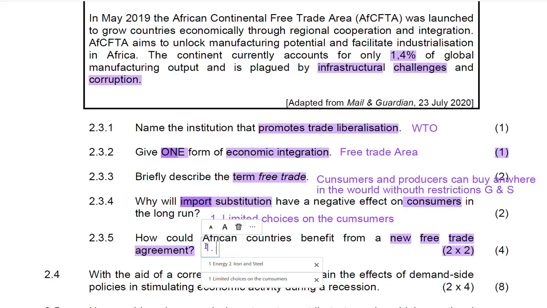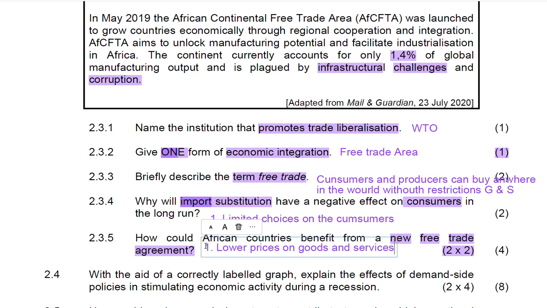The first one: they will be enjoying lower prices on goods and services because of this free trade agreement. That's number one.